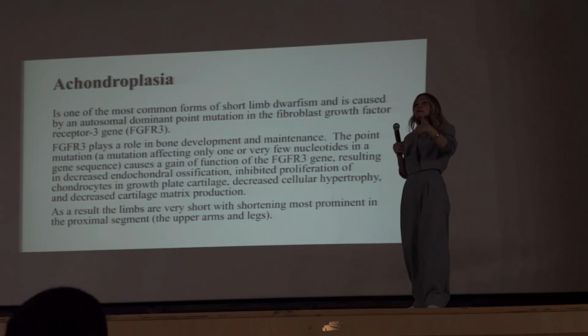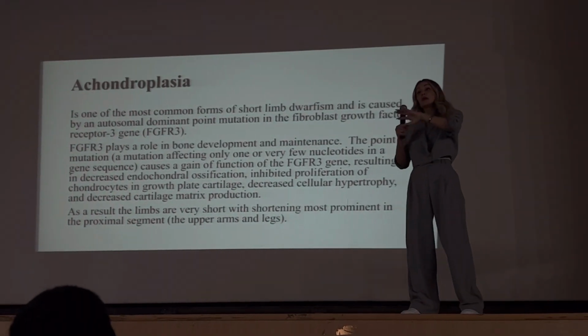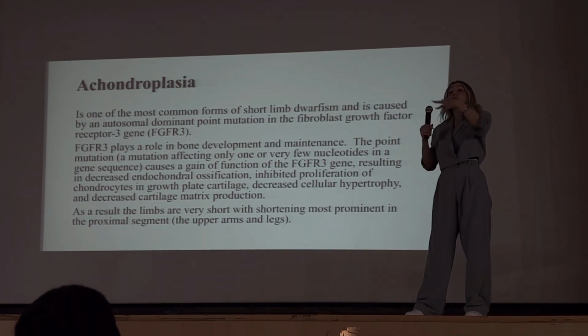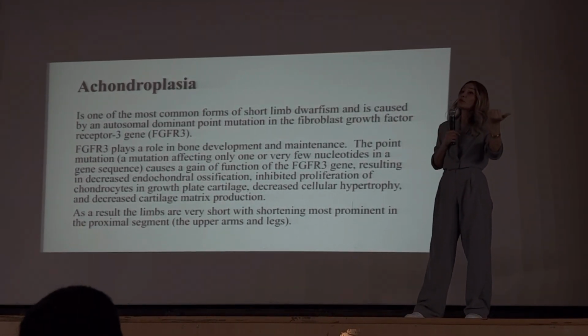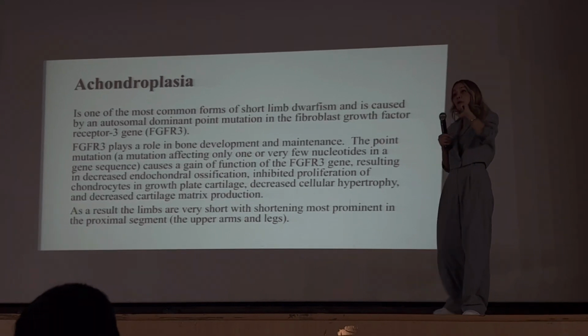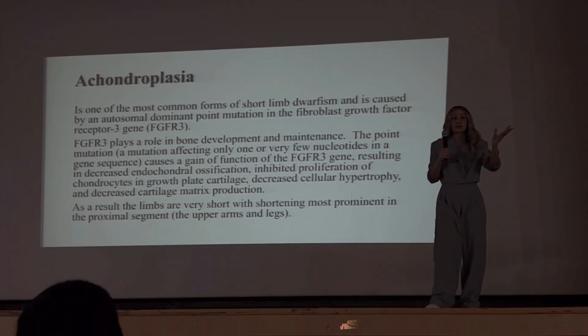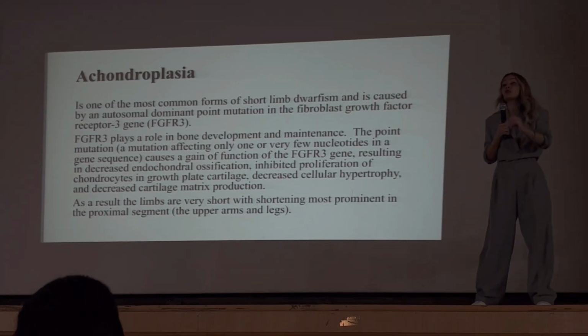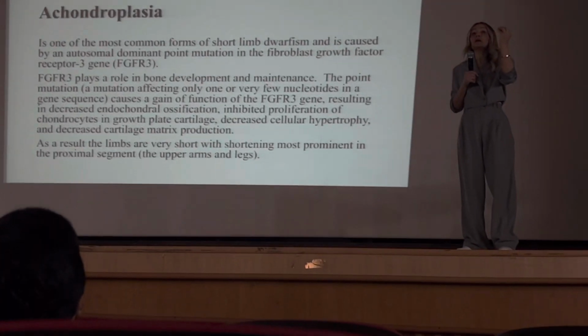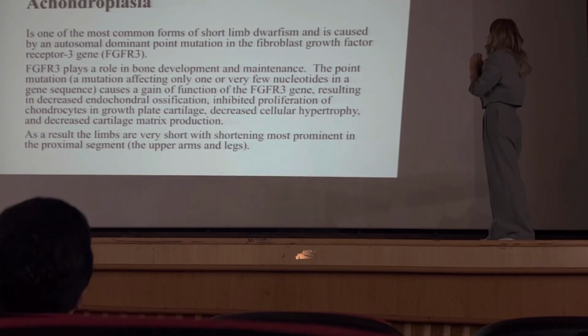So there is a problem in ossification, in transformation. Proliferation should happen, but there is less hypertrophy and less cartilage matrix. Overall, endochondral ossification is imperfect, so it will lead to achondroplasia.